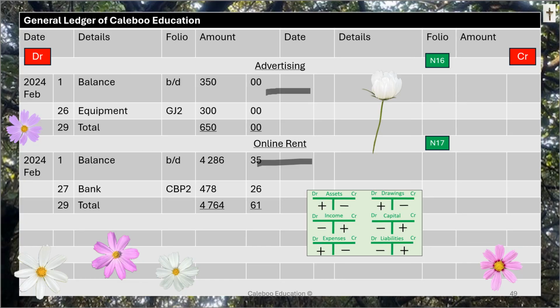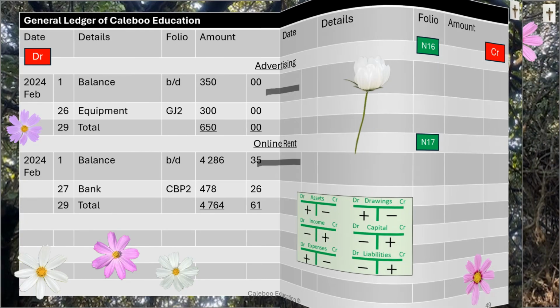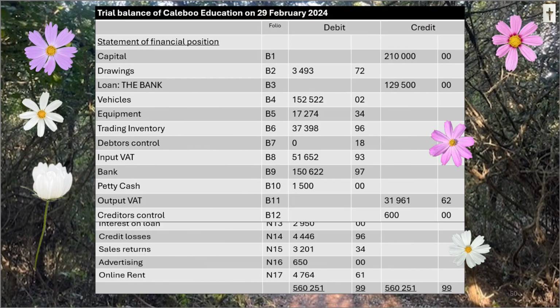the 29th of February. Now what we need to do is a trial balance. So once we've balanced all the ledger accounts at the end of February, we can draw up a trial balance and no adjustments have taken place. So this can be called a pre-adjusted trial balance.